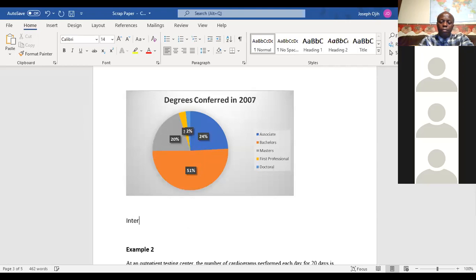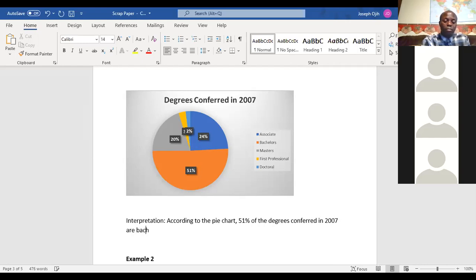Interpretation of this. According to the pie chart, you can just say 51% of the degrees conferred in 2007 are bachelor's degrees.